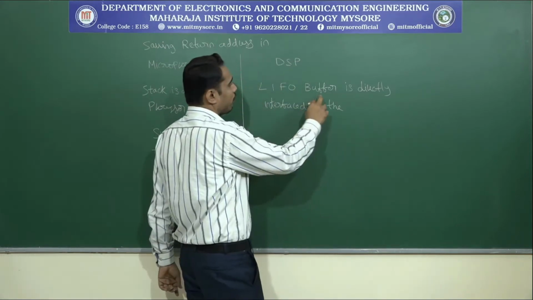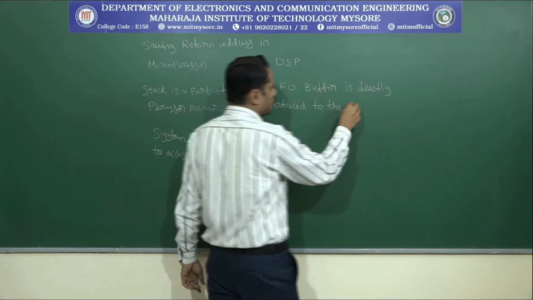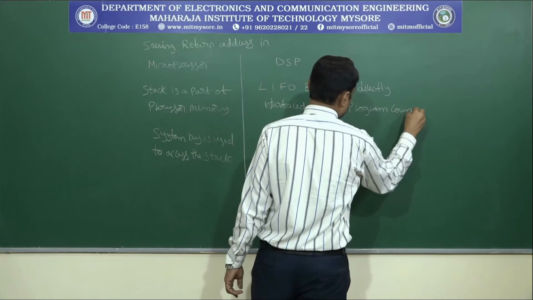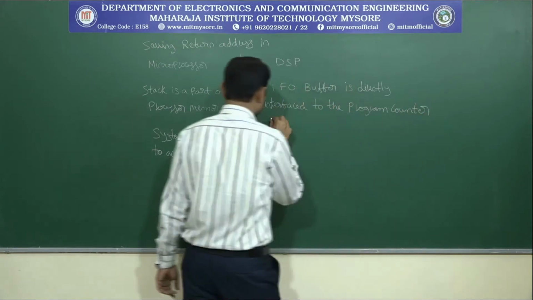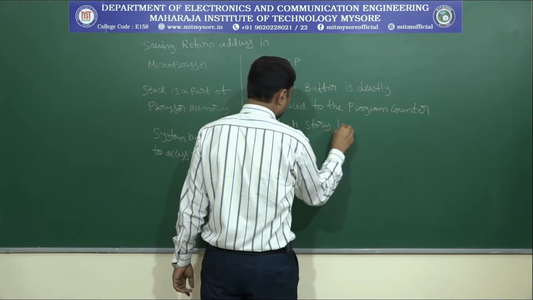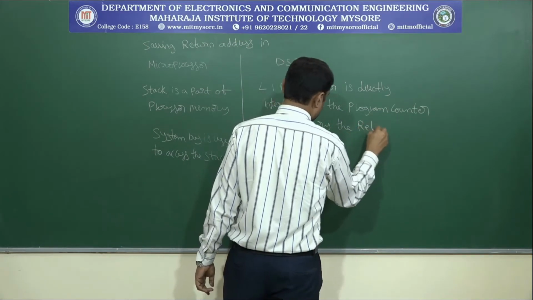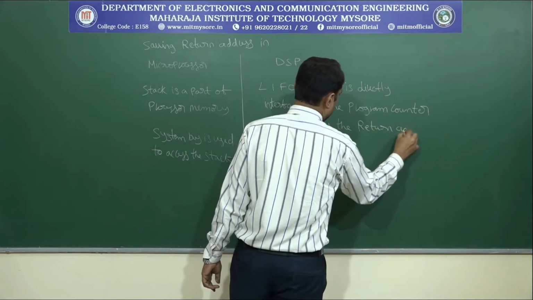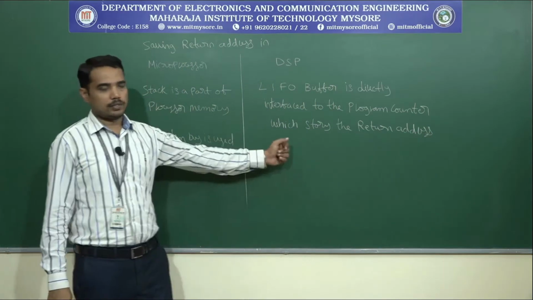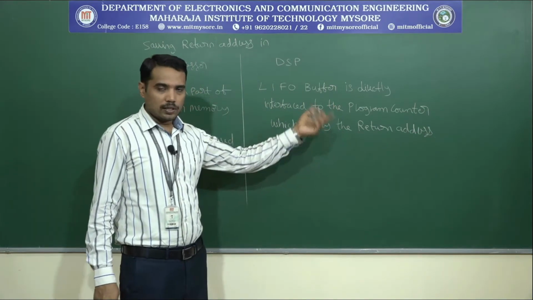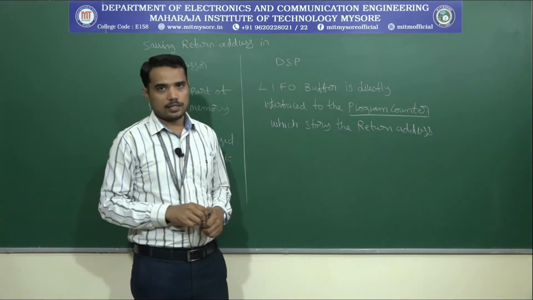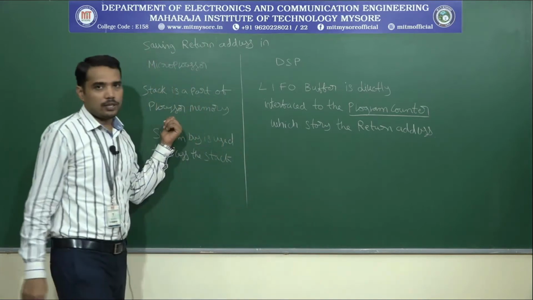The LIFO buffer is directly interfaced to the program counter, which stores the return address. Here, the program counter itself is directly involved in storing the return address. That is not the case in a microprocessor.